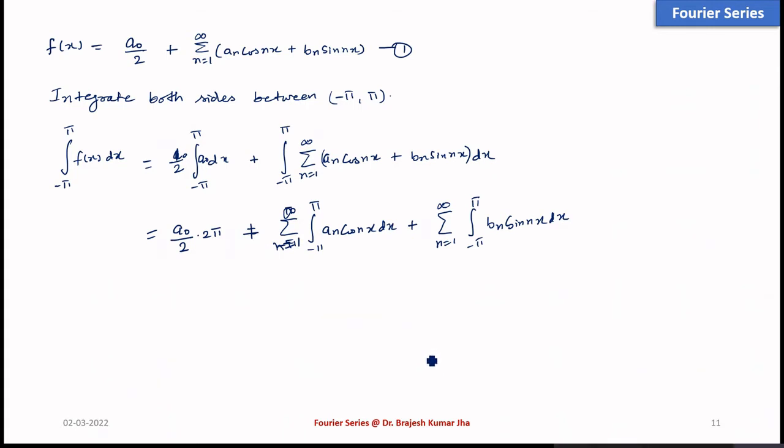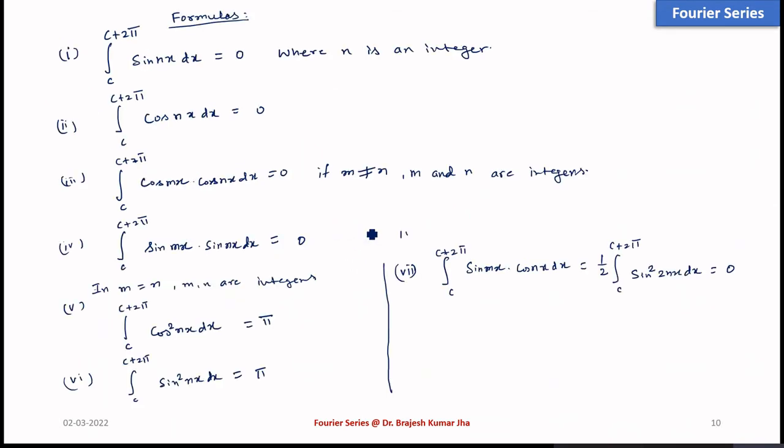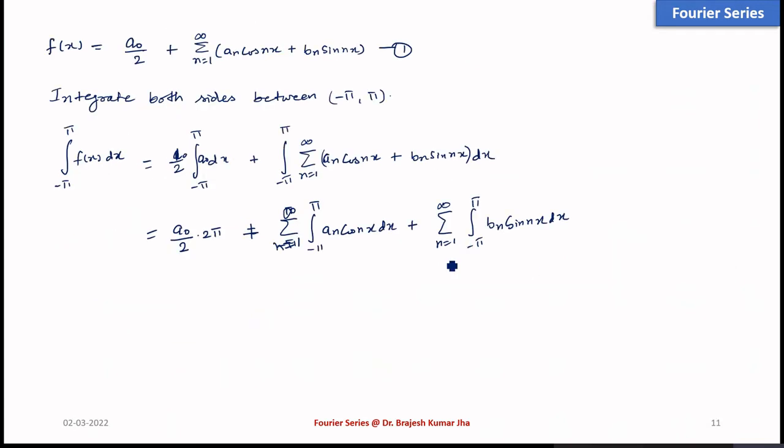Yes, sir. Okay. So you can go to the formula given in the last slide. Minus pi to plus pi of sin nx is 0. Minus pi to plus pi of cos nx is also 0, if you put c equals minus pi. So in that case, this term and this term are going to be 0, and the 2 and 2 will be cancelled.